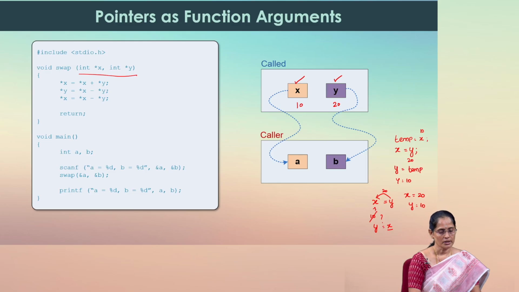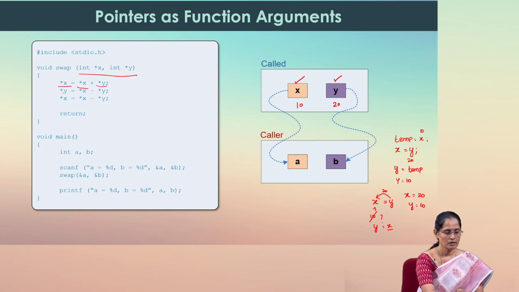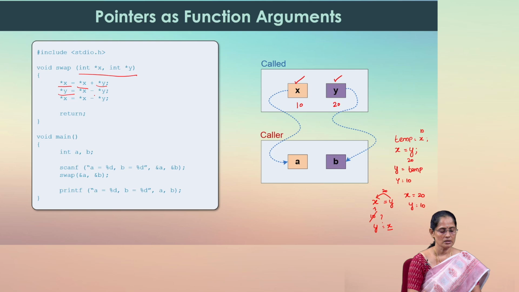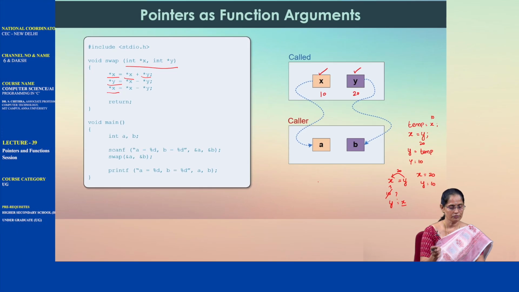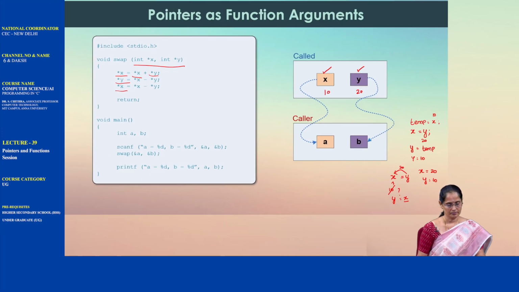Since both are pointers, we are doing *x = *x + *y. It means that the values dereferenced by x and by y are added and stored in x, and then *y = *x - *y and *x = *x - *y. By doing so, we will be able to swap the values of x and y, right.